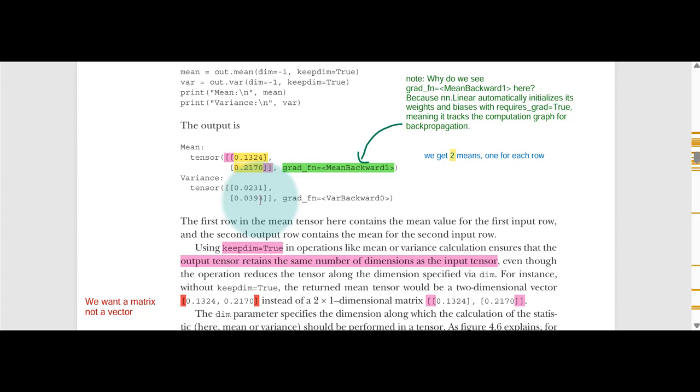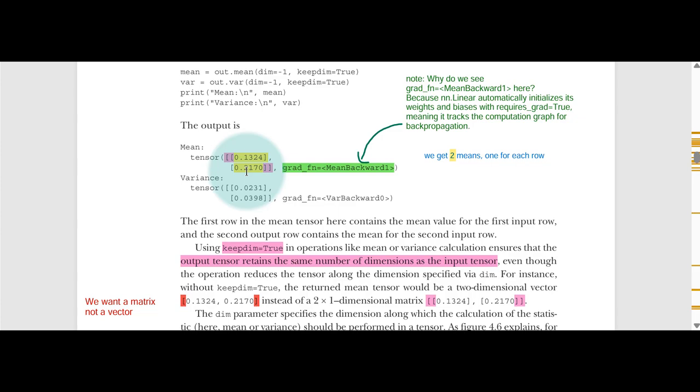Now there's one more peculiarity here, and that is, he mentions this argument here, keep dim equals true. So that was keep dim equals true here, keep dim equals true here. So what's that doing? Notice that when we got the mean, we really only need like a list, but we didn't express it as a list. We expressed it as a matrix, so to speak, or a two-dimensional tensor.